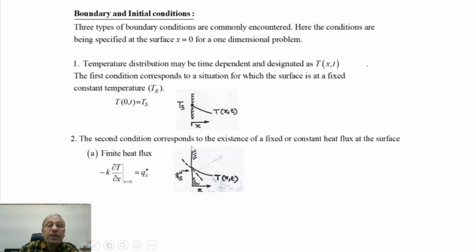The second condition corresponds to the existence of a fixed or constant heat flux at the surface. So at the surface, basically a constant heat flux is maintained. So temperature variation may look like this, but minus K del T del X at x equal to 0 is Qs double prime. Heat flux is defined.